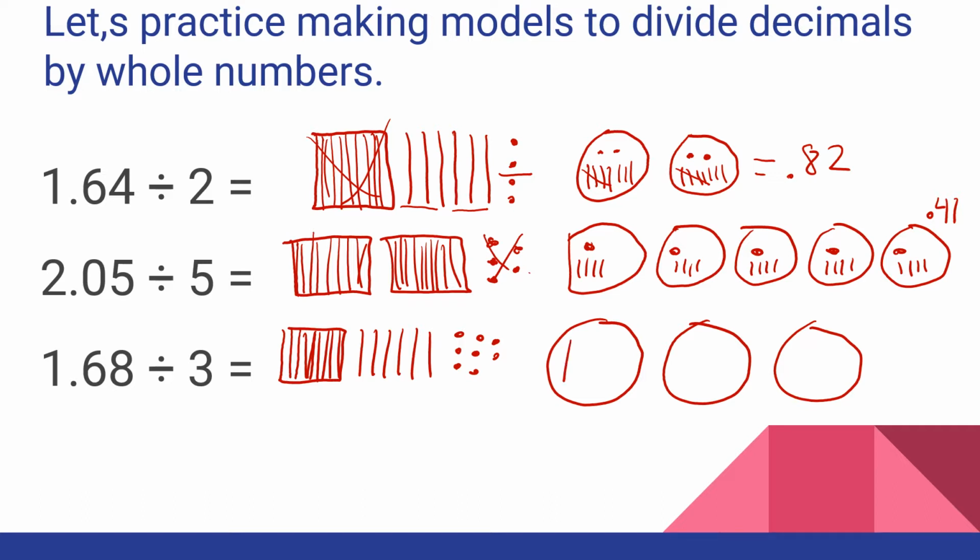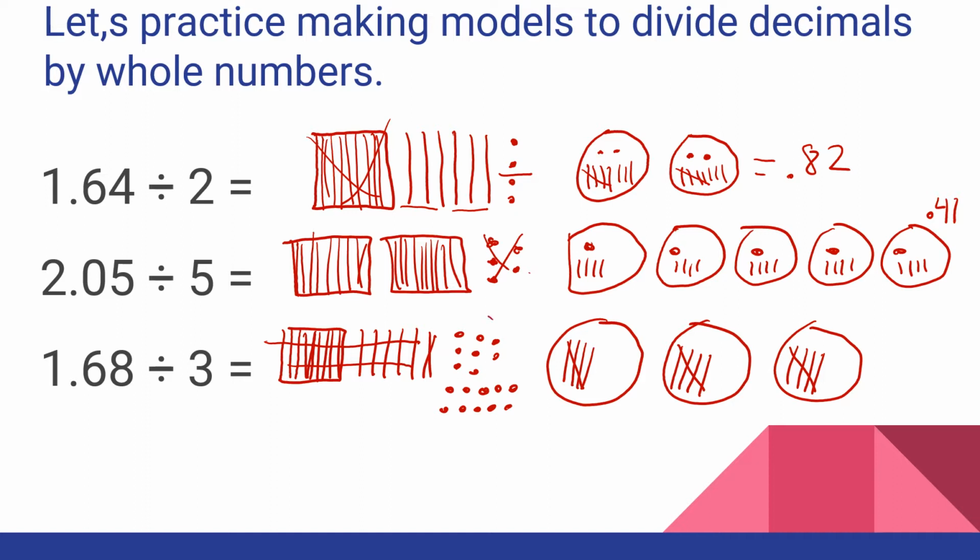So 1, 2, 3, 4, 5, 6, 7, 8, 9, 10, 11, 12, 13, 14, 15. So that's all of them except for 1. Now I've got 8 hundredths and 1 ten. Well, 8 hundredths doesn't divide evenly, but this ten I can turn into hundredths. 1, 2, 3, 4, 5, 6, 7, 8, 9, 10.